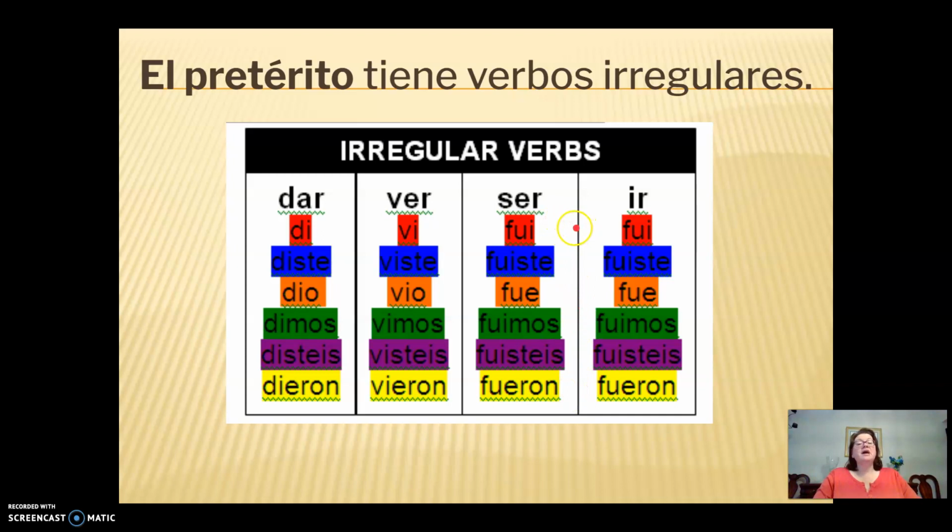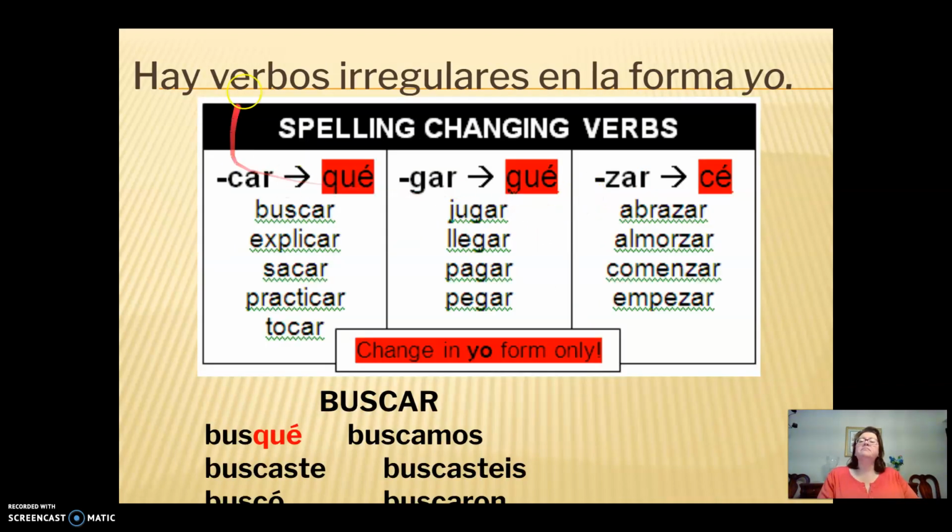In the preterite, for ser it means I was, you were, he was, we were, you were, they were. But for ir, it means I went, you went, he went, we went, you went, they went. So the difference, of course, is context. It will not make sense to use the other word in English for each of those. So I think those are pretty easy to figure out through your context clues.